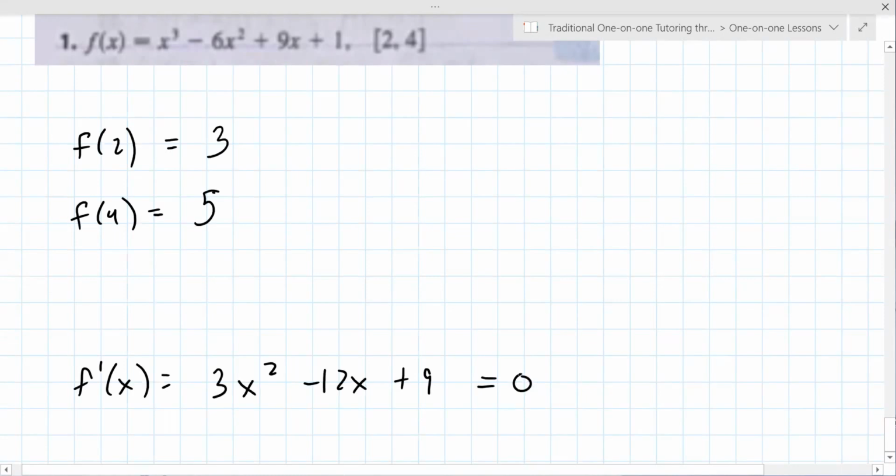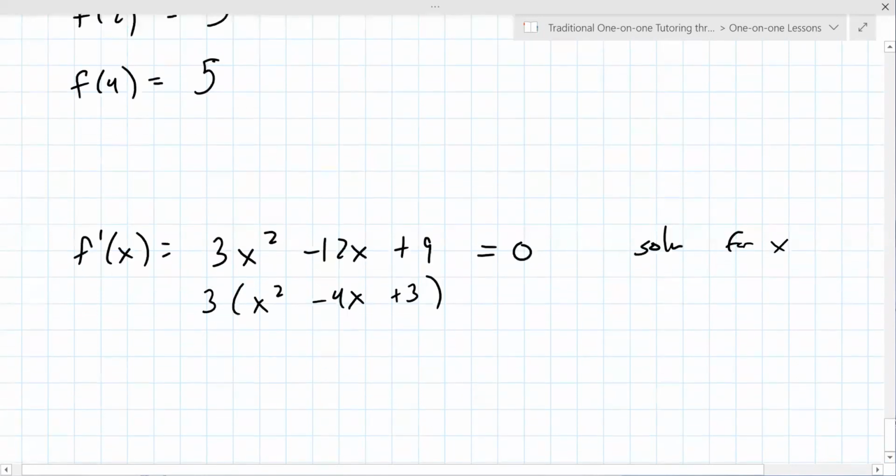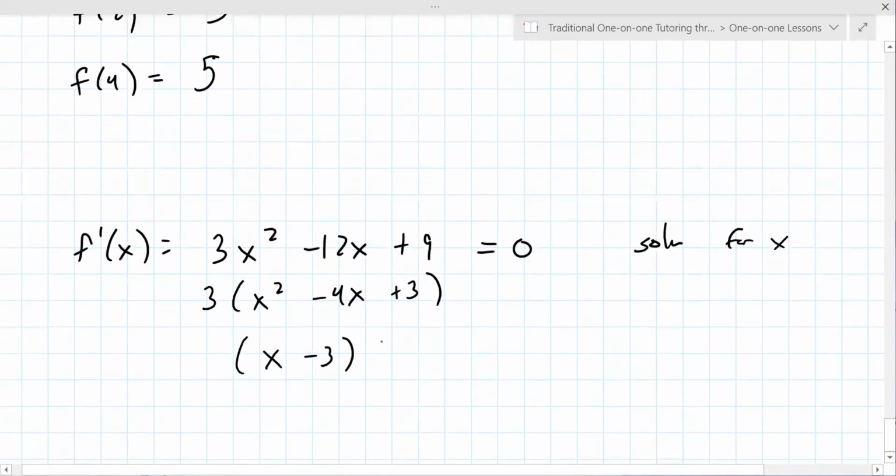You set that equal to 0 and you solve for x. So here you can factor it, it's x squared minus 4x plus 3, and you get x minus 3, x minus 1 equals 0.